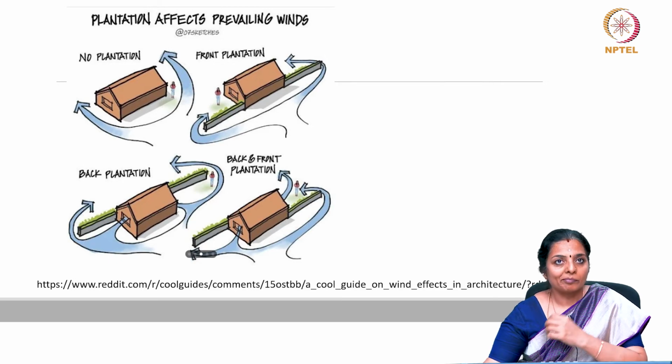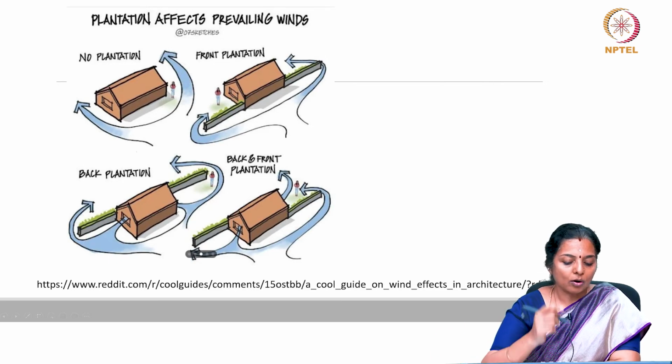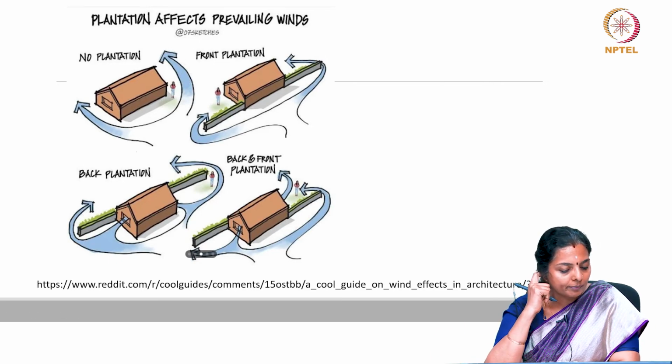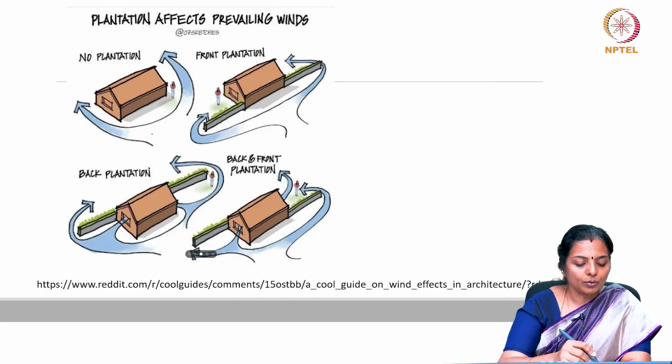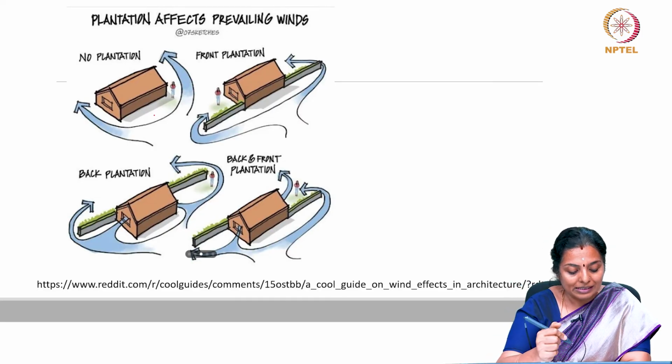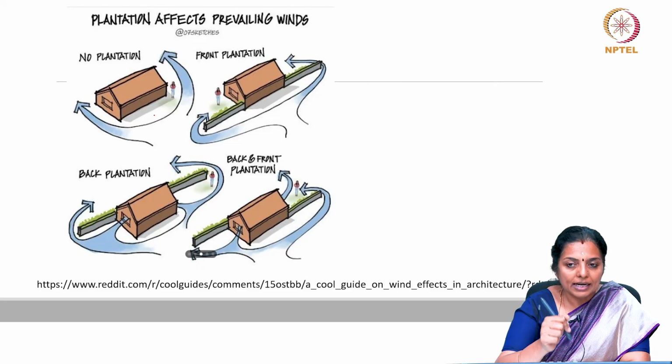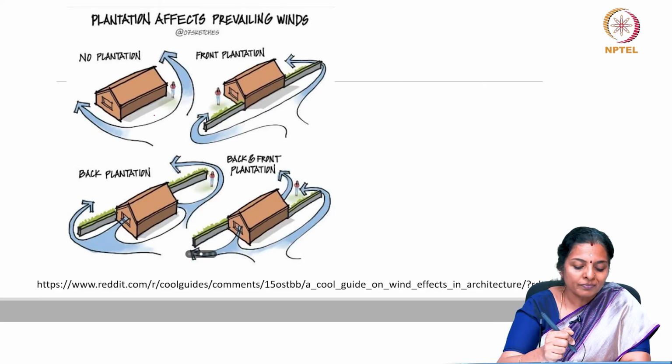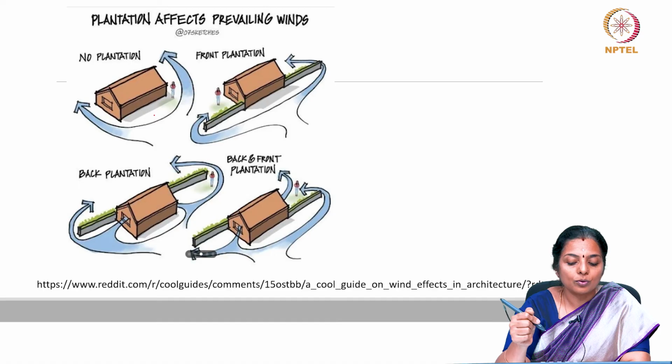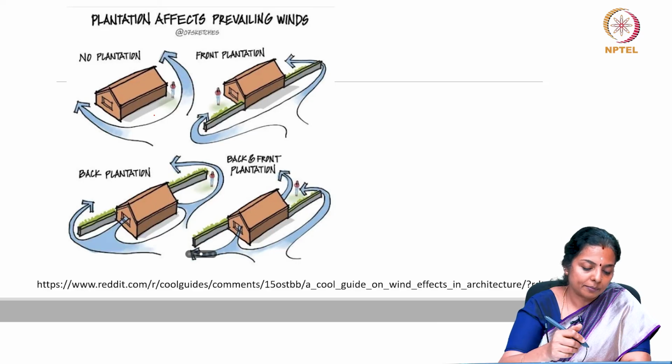Again here we need to understand, as we have already seen, that we need to have certain elements outside the house such as vegetation or compound walls, which will aid us in bringing or directing the breeze inside.